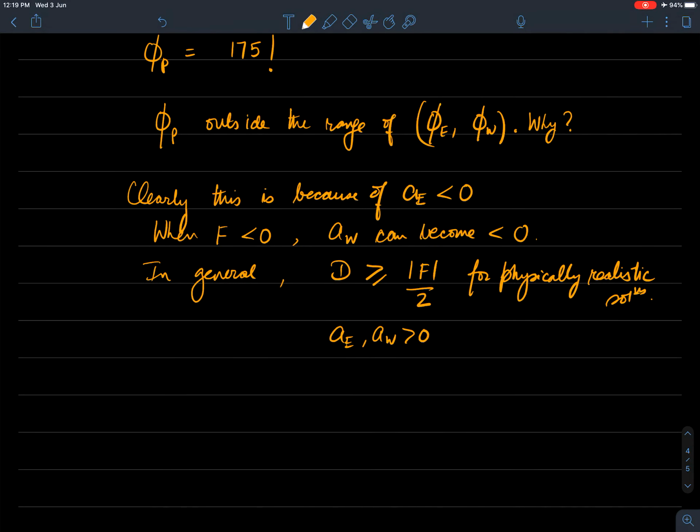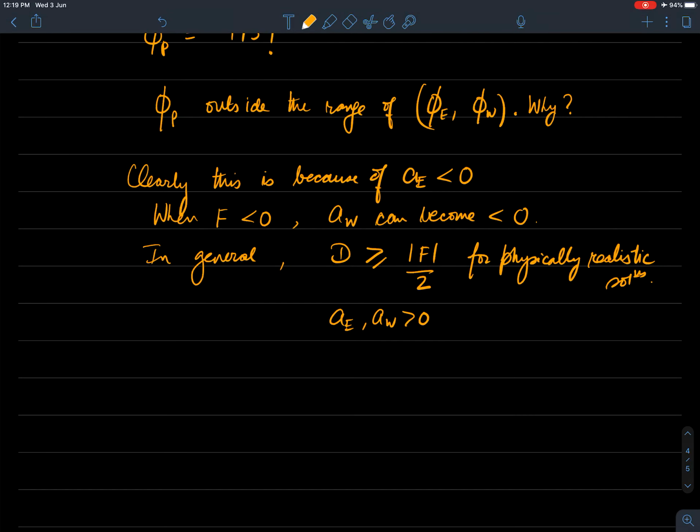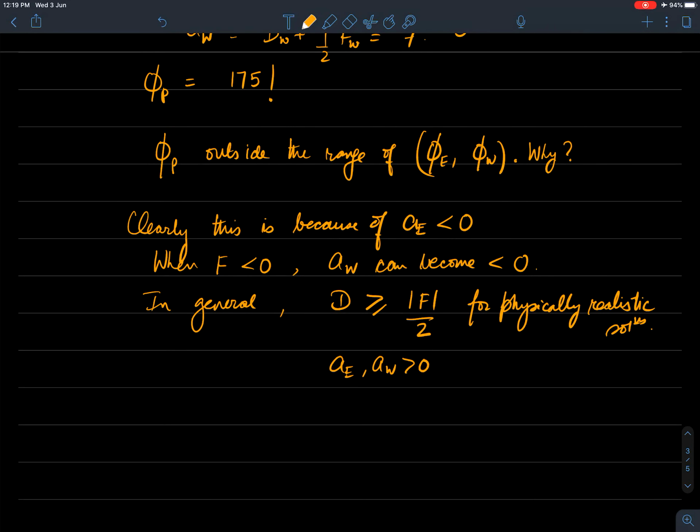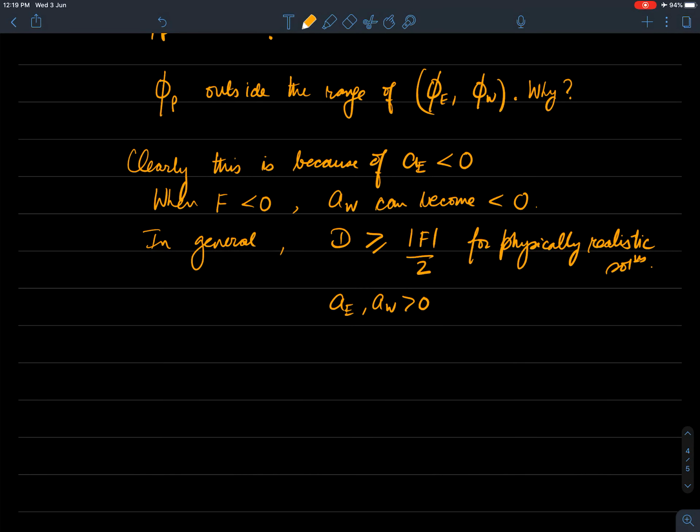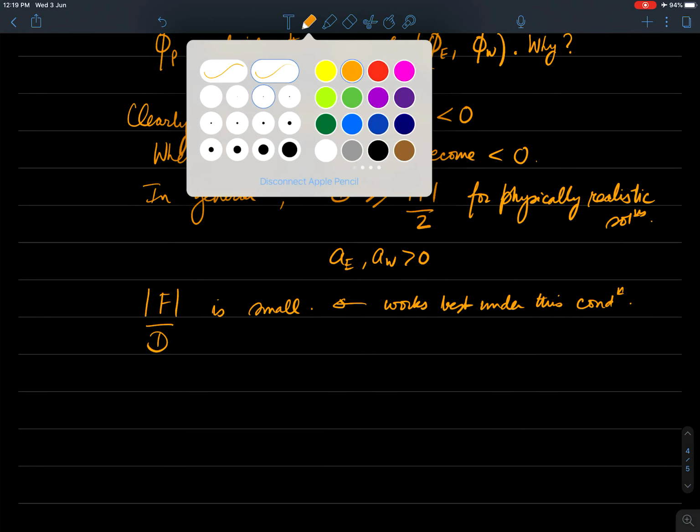But the moment D becomes less than mod of F by 2, one of the coefficients turns negative, and then we get an unrealistic solution. So this scheme, the central difference scheme, seems to work best when mod of F by D is small.